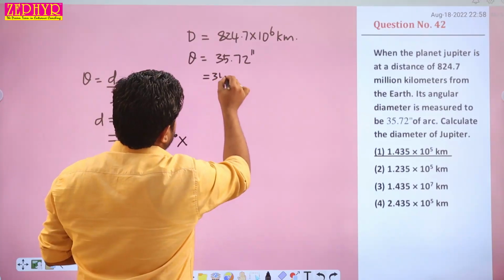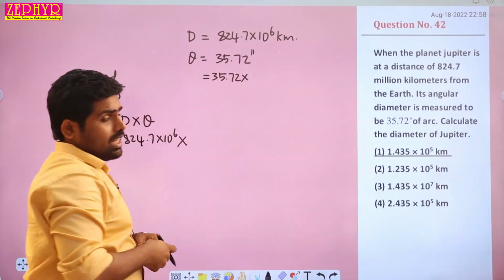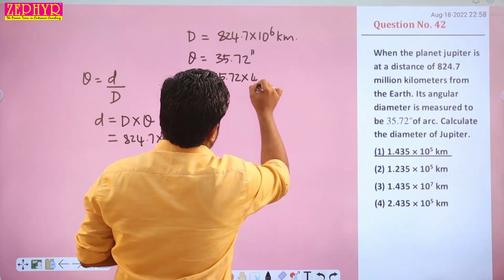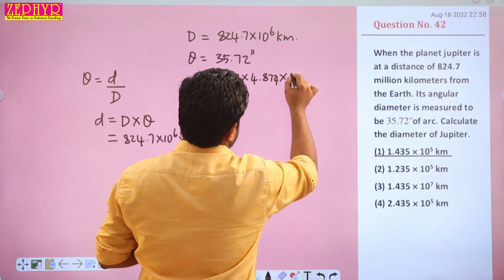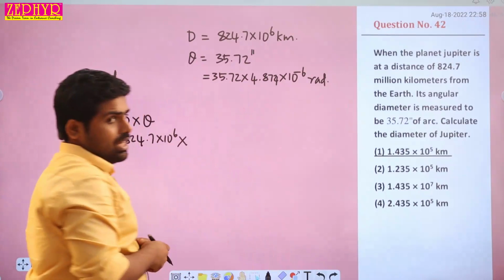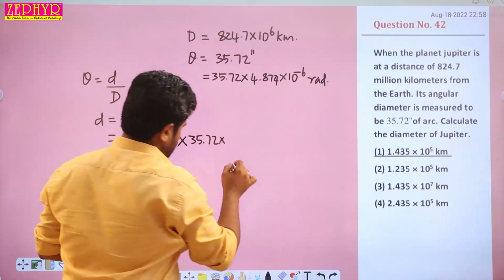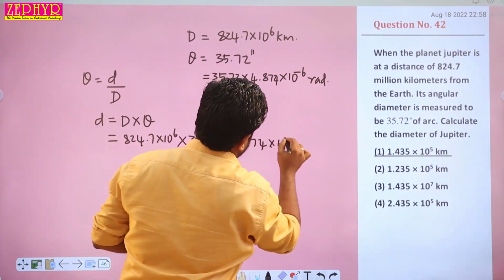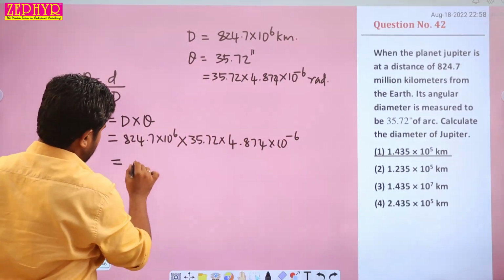So now it is equal to 35.72 into 4.874 into 10 raised to minus 6, to convert the second value to radian. Now this value turns to radian. So substitute this value here: 824.7 into 10 raised to 6 into 35.72 into 4.874 into 10 raised to minus 6.